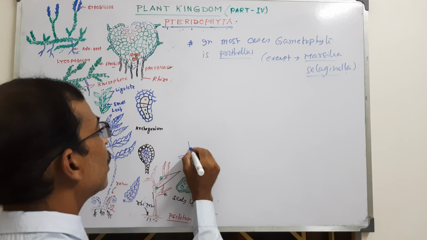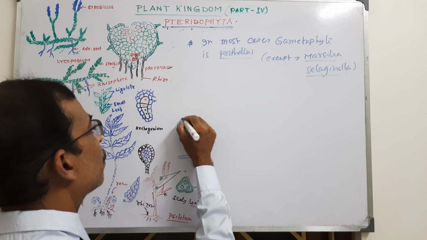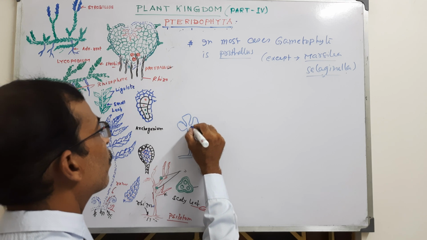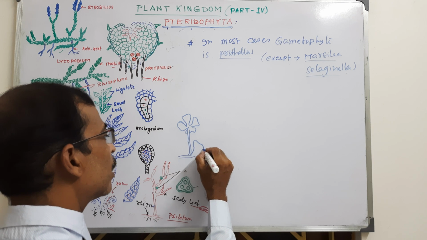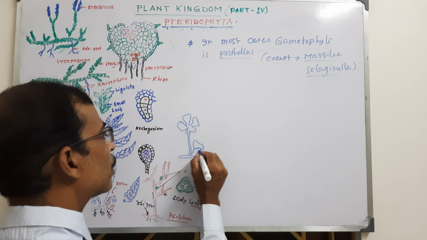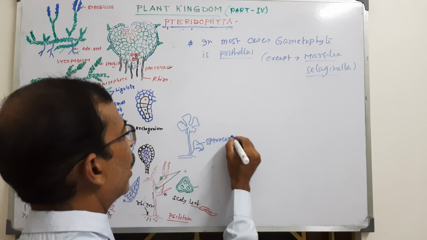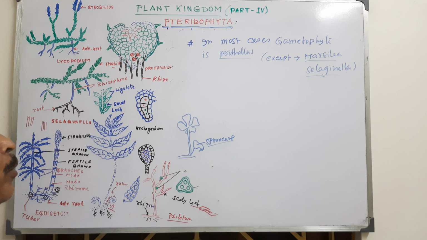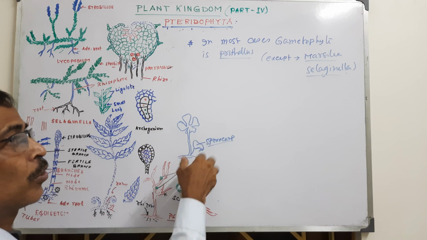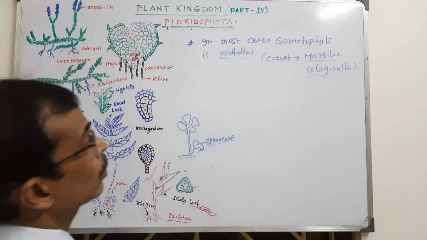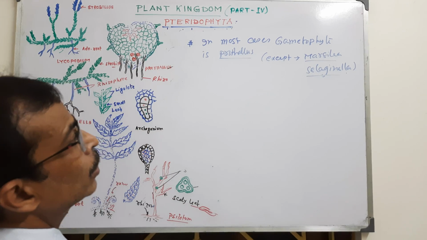Look here, this is Marsilea. During economic importance I will say that it contains starchy mucilage, used in dough formation by Australian people.